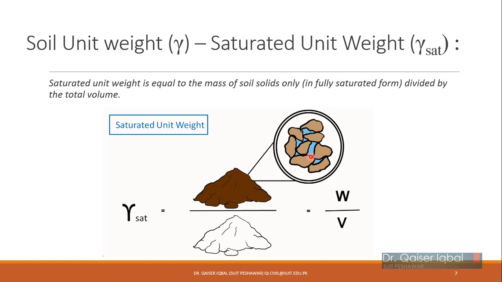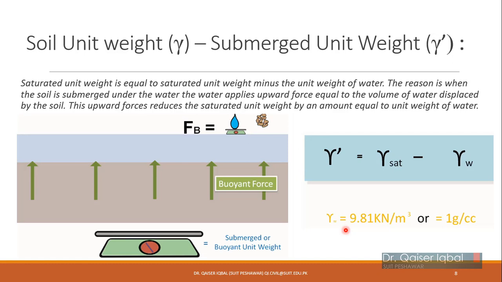But if you take a soil sample from below the water table, or on Warsak Road, Shami Road, where the water table is high, the soil will usually be fully saturated, all the voids filled with water. So the weight of that soil divided by the volume of that soil will give you the saturated unit weight. In that case, the unit weight is the weight of the soil in saturated form divided by the volume of that soil.